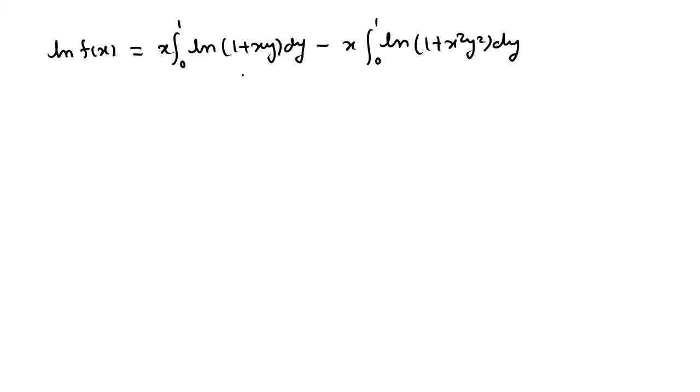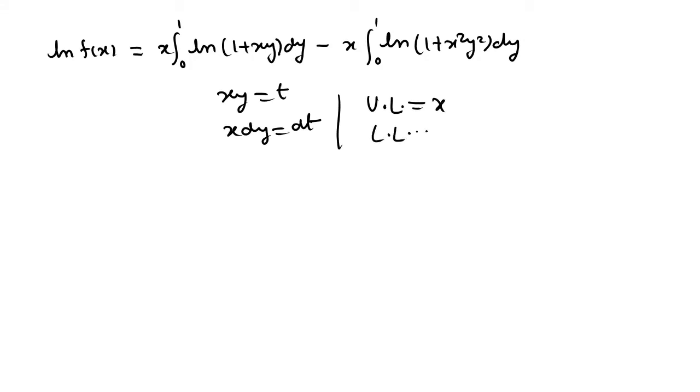We can solve these integrations easily. So let us say xy equals t, then x dy will be dt. The upper limit will be x and the lower limit will be 0, if we put y = 1.